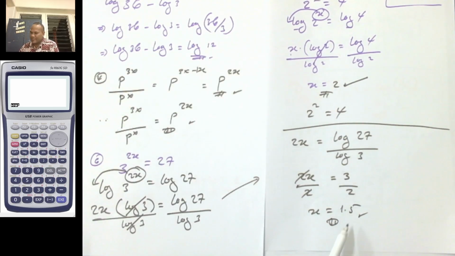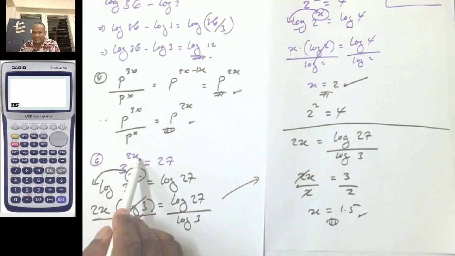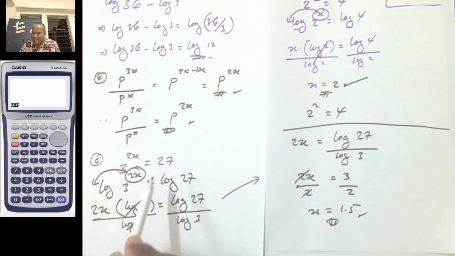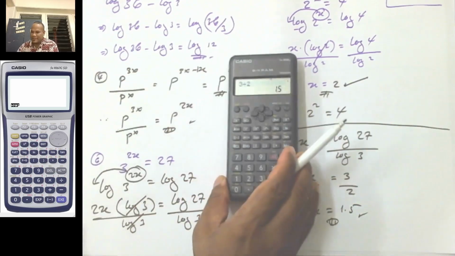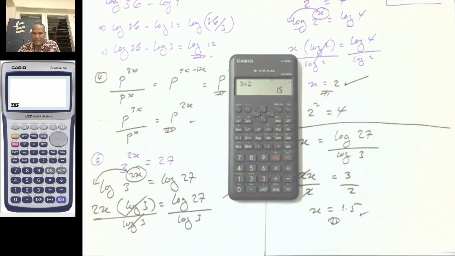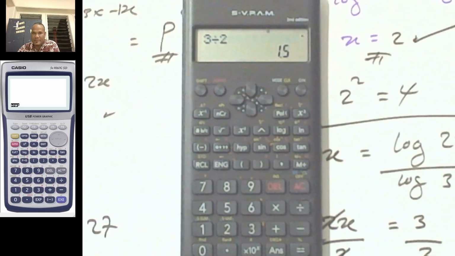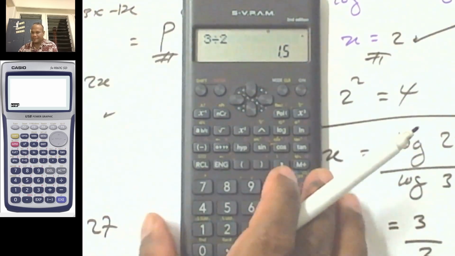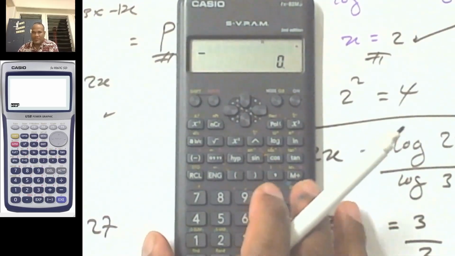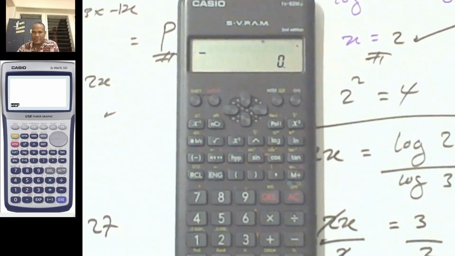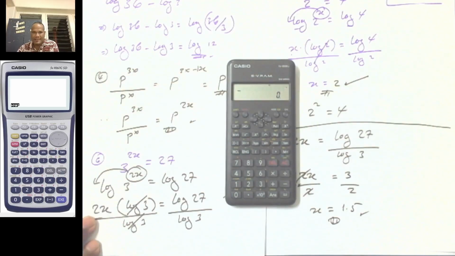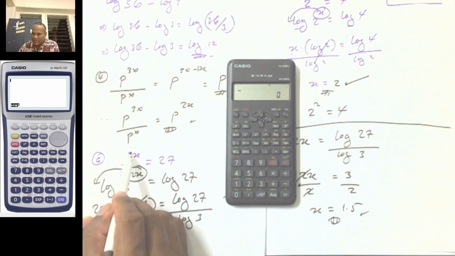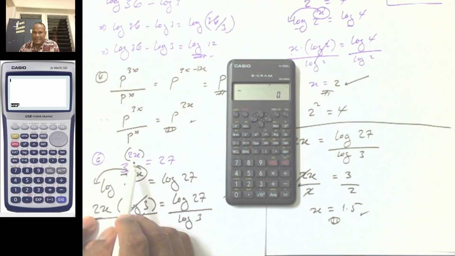Let's take this 1.5 and check if our answer is 27. I'll zoom in a little bit. Our question is 3 to the power of 2x, and x in our case is 1.5.